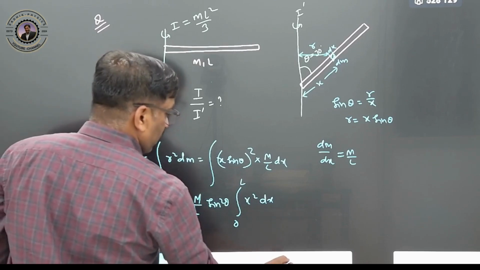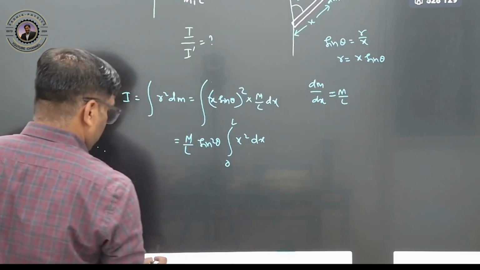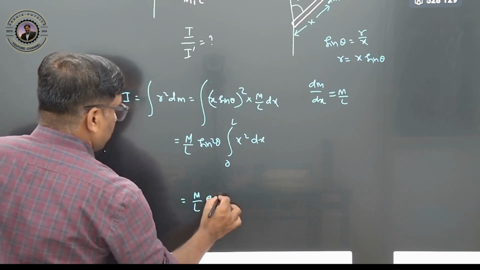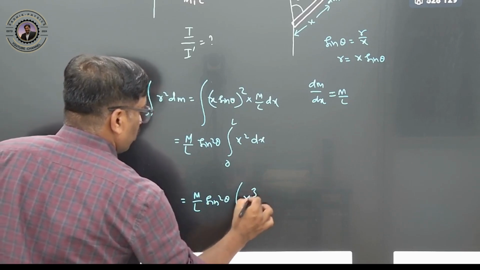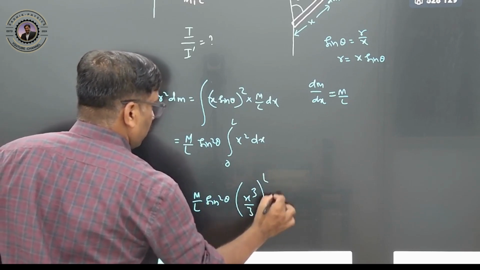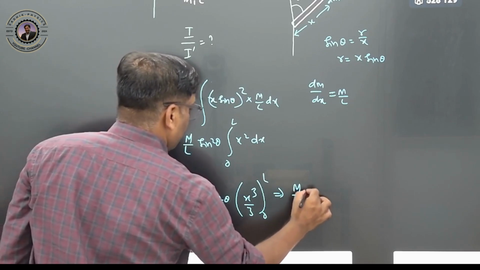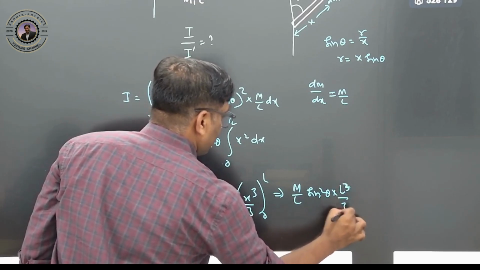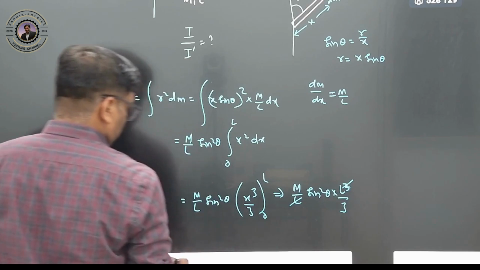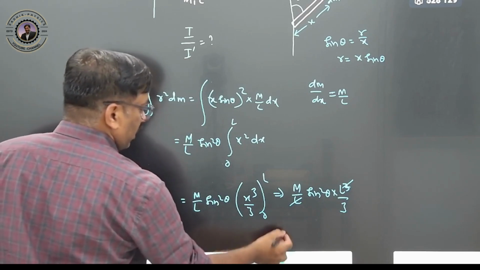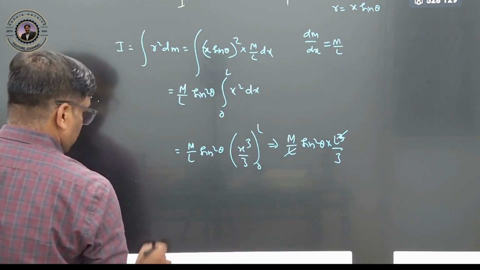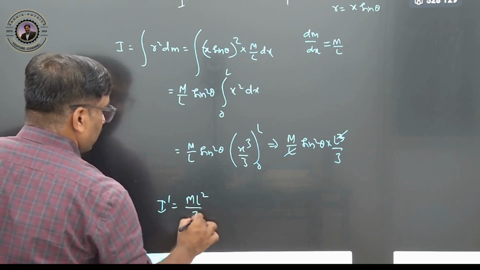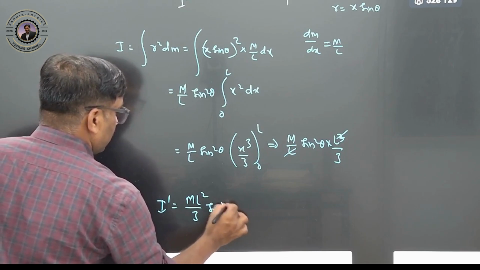So you can rewrite it as m by l into sin square theta into x cube by 3, from 0 to l. That implies m by l into sin square theta into l cube by 3. This will get cancelled, so what do you get now? The moment of inertia I dash is ml square by 3 into sin square theta.